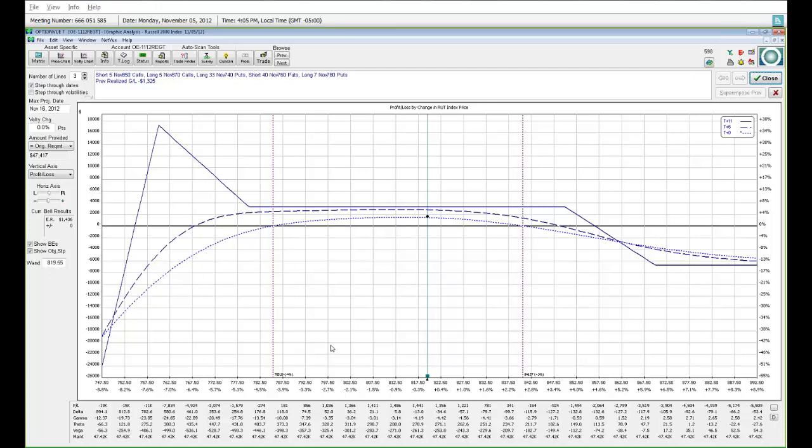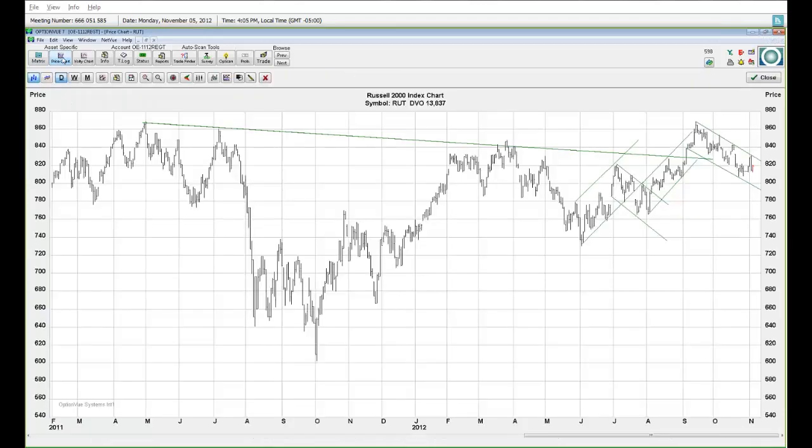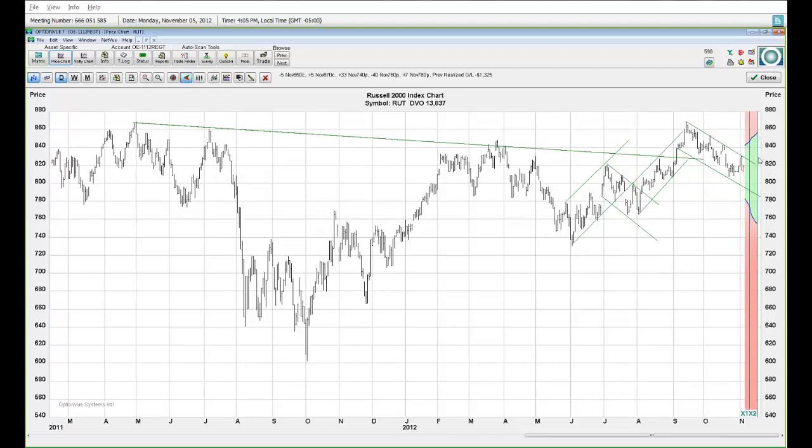If you can envision the price chart turned sideways, that is how this is represented here. Okay, I'm going to go to the price chart. See how the price chart moves up and down vertically? See this green zone right here?